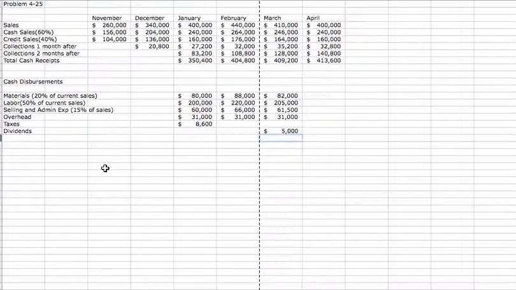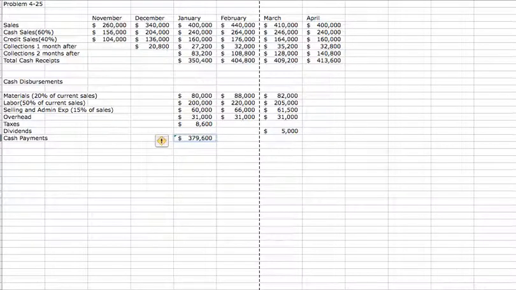All right. So let's take a look at our total cash outflows here, or cash payments. That's going to be the sum of those numbers, right?